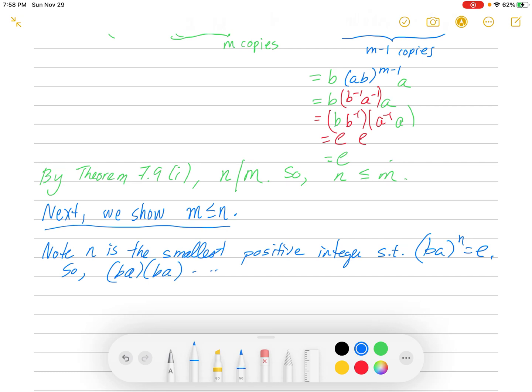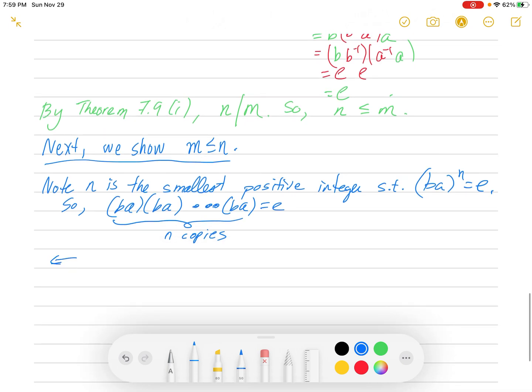So that means BA a bunch of times gives you the identity. How many copies of BA? We got n copies. That's equivalent to, well, let's peel the first BA off the front. And we're going to have a bunch of additional BAs.